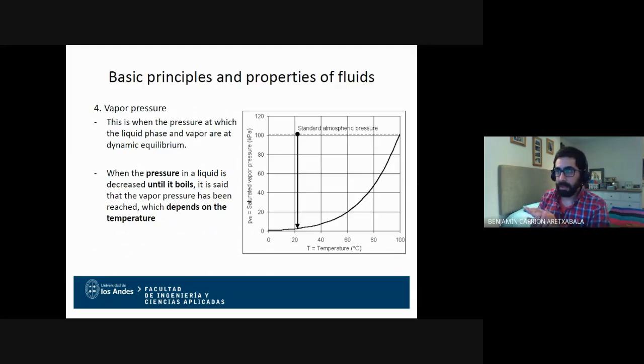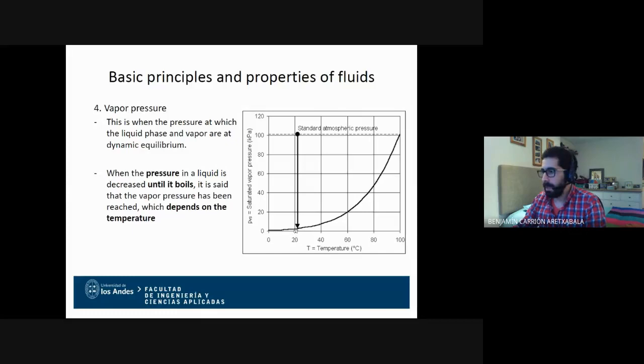You've all seen this. For instance, if you boil water in a pan or a kettle, what happens is that you're reaching the atmospheric pressure with the vapor pressure of the fluid. What you can see here is that the vapor pressure around a standard atmosphere is around 0. It's not 0, it's above 0, but it is a really small amount.